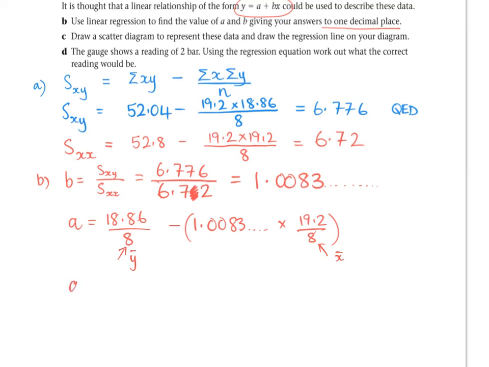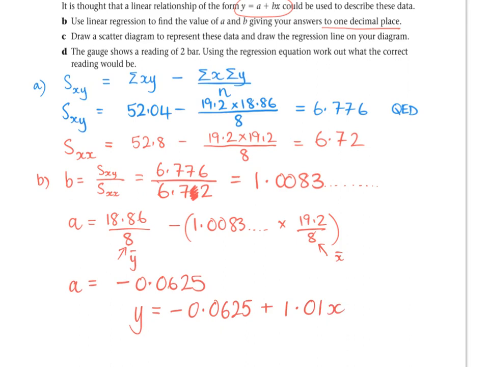So if we work a out, pop that in your calculator and you get minus 0.0625. So our regression line is y equals minus 0.0625 plus 1.01x.